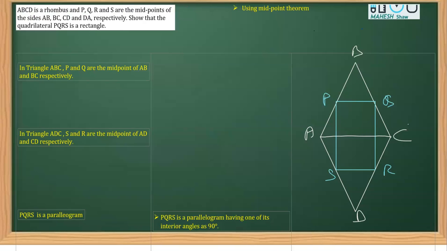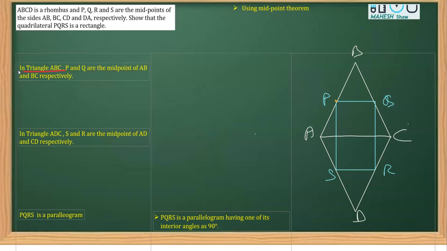In this triangle ABC, P is the midpoint of AB and Q is the midpoint of BC. Therefore, PQ will be parallel to AC and the length of PQ will be half of AC. So let's write down the steps here. First, we'll write: in triangle ABC, P and Q are the midpoints of AB and BC respectively.